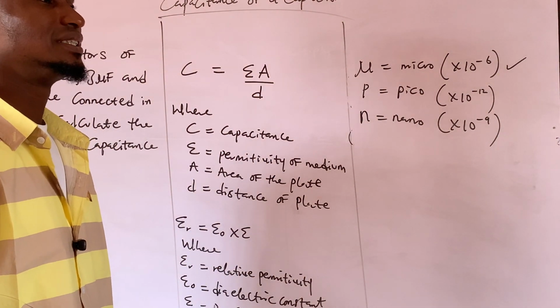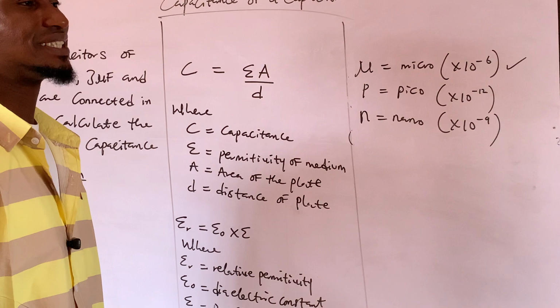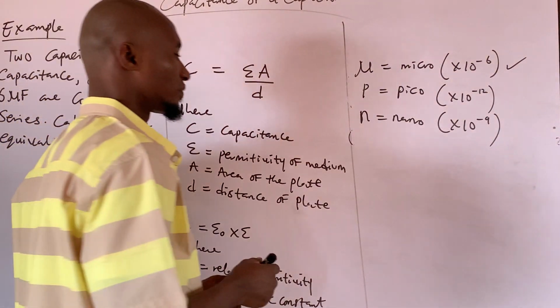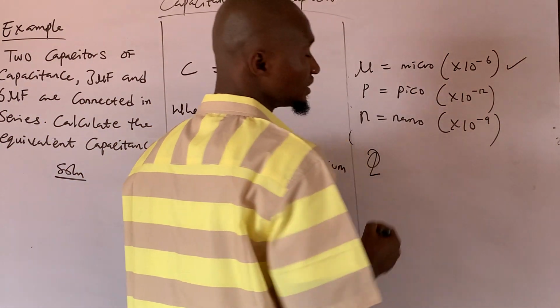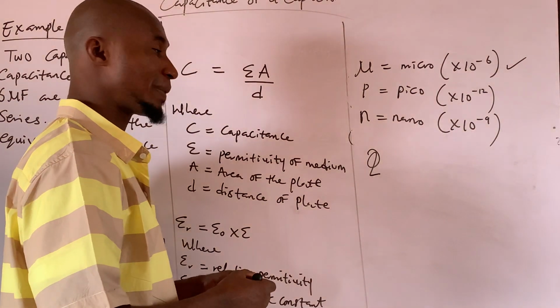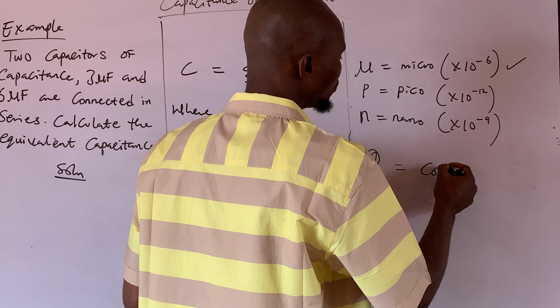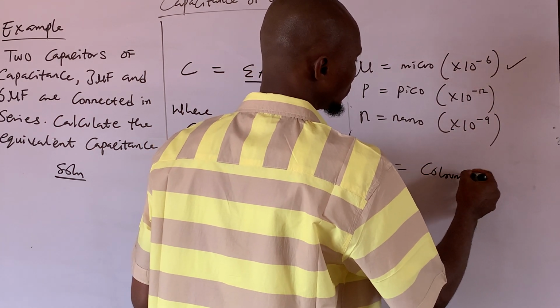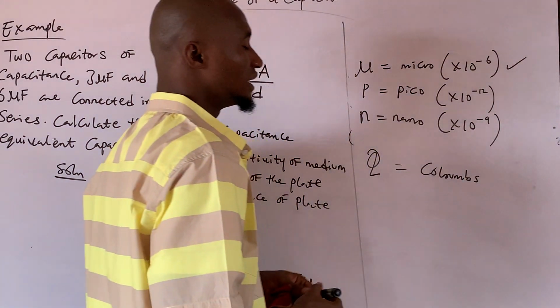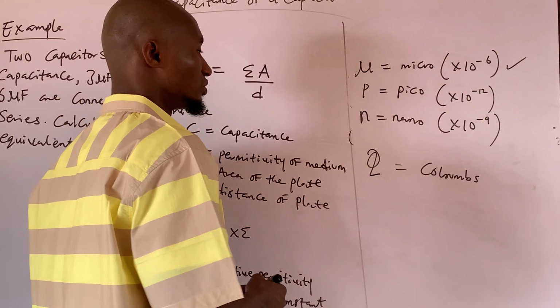Do you understand? Another thing I want you to understand is that units of Q, which is quantity of electricity, is measured in coulombs. Yeah? It is measured in coulombs.